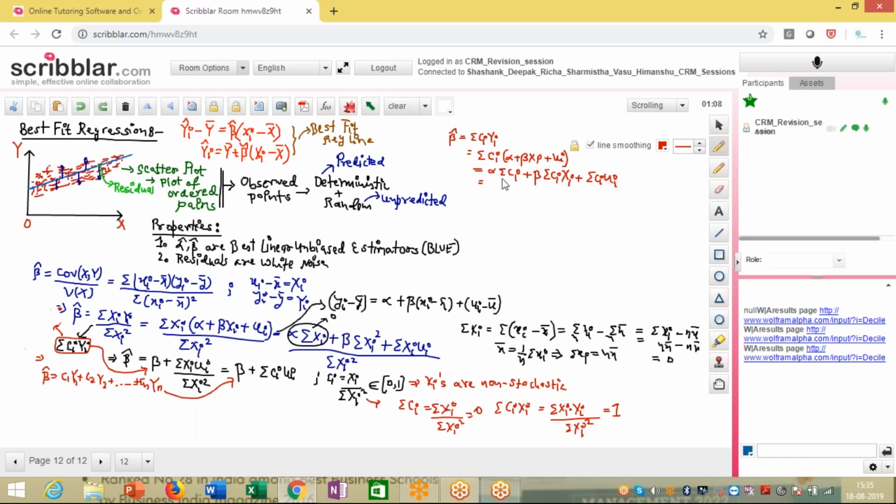So if you put summation Ci equal to 0 over here and 1 over here, you will get back the same thing: beta plus summation Ciui, which is nothing but this result. So over here I did the entire calculation and then the substitution. Over here I did the substitution and then the calculation. So everything results back to the same. Right? Akhilesh?